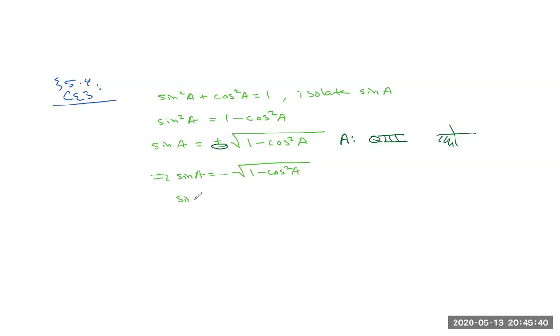Let's plug in. Sine A equals negative square root of 1 minus, recall, cosine of A is -7/25, so we're going to put -7/25 and square it. You can just plug into a calculator if you want to make it a little bit easier at this point, but I would suggest practicing simplifying this without. It's going to come out to negative 24 over 25.